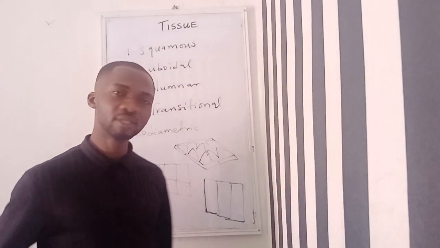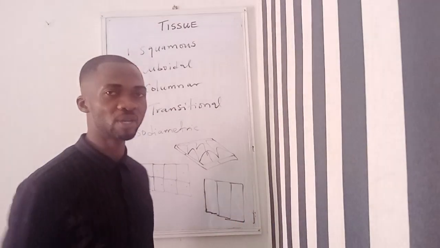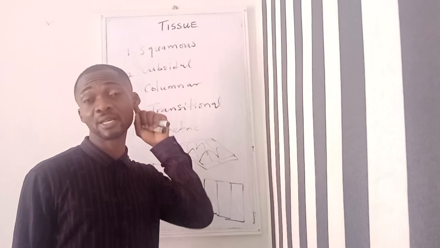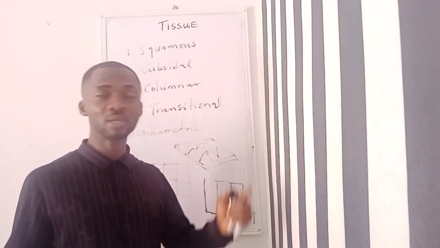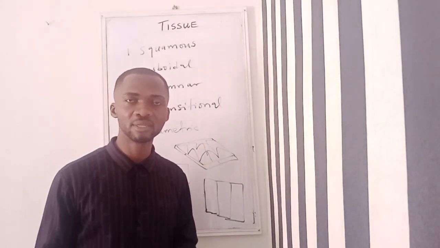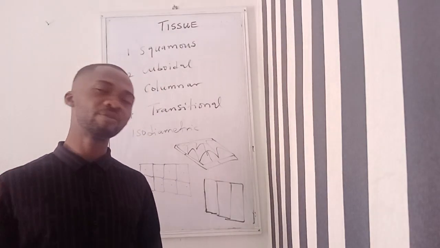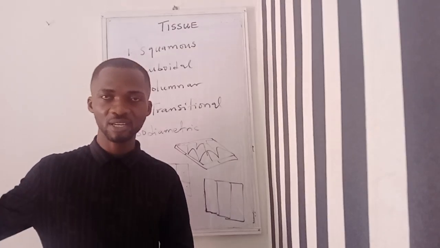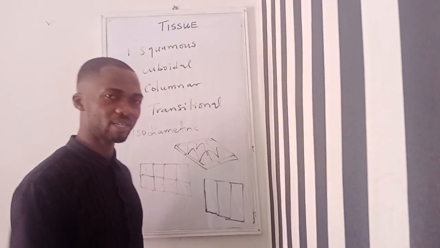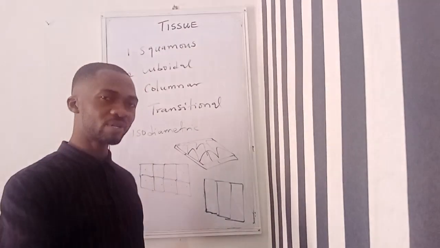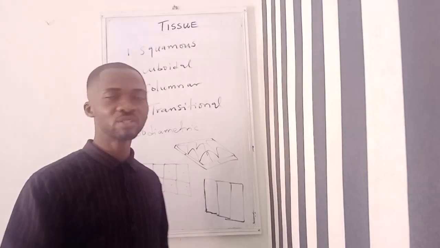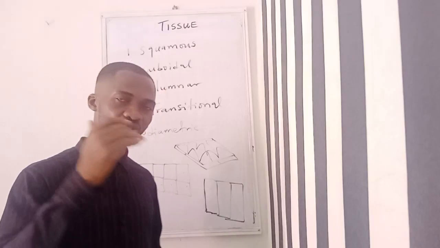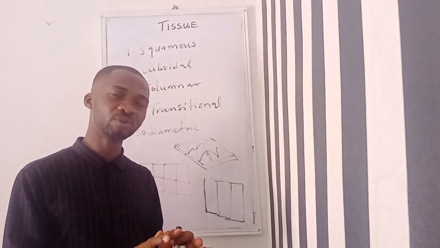Then the last type of epithelial tissue is the glandular epithelial tissue. Of course, they contain glandular epithelial cells that collectively form what is called a gland. And of course, we have two different types of this gland, the exocrine gland and the endocrine gland. The exocrine gland secretes its products such as mucus, tears, and gastric juice with the help of a duct.